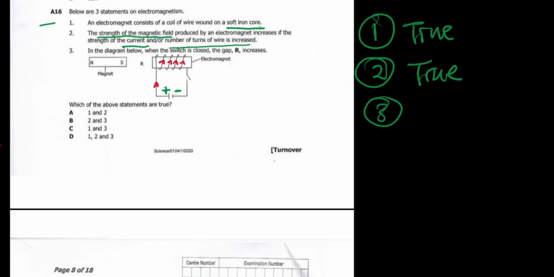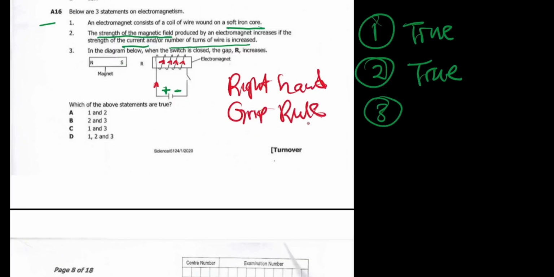Now, at this stage, because you want to know whether the gap at R is going to increase or decrease, or you want to test whether this statement is true or false, there is actually what we call the right hand grip rule. This right hand grip rule is used to determine the poles of the magnet and the direction of magnetic fields.